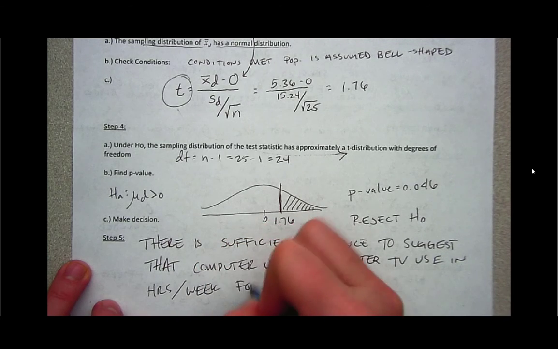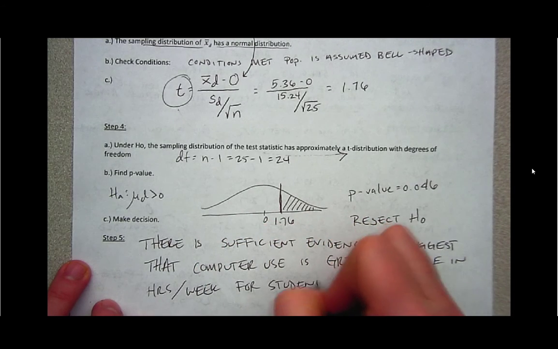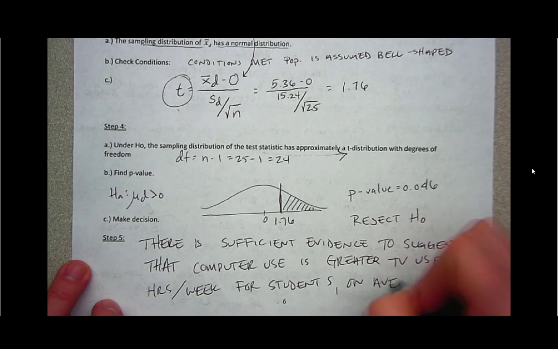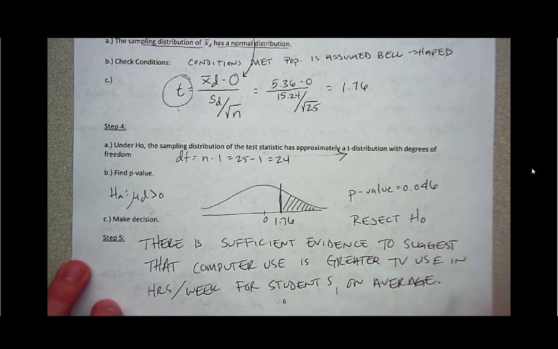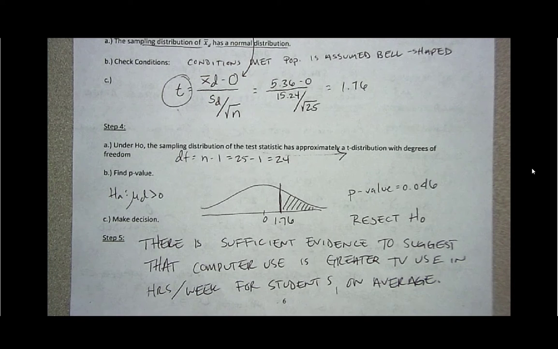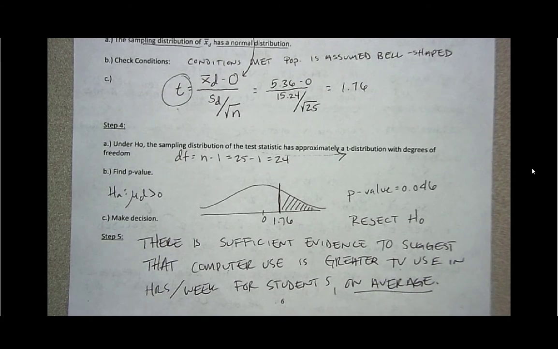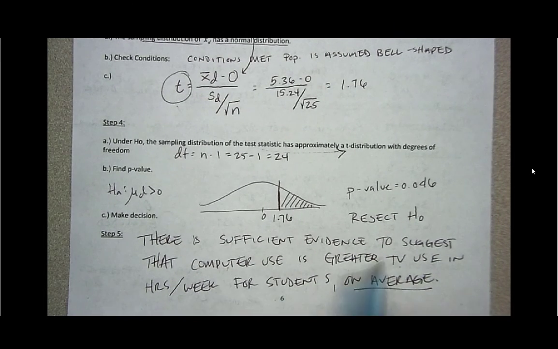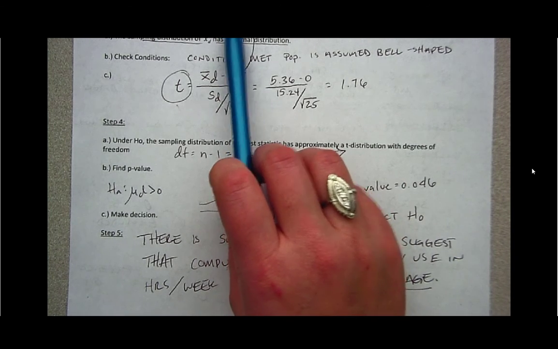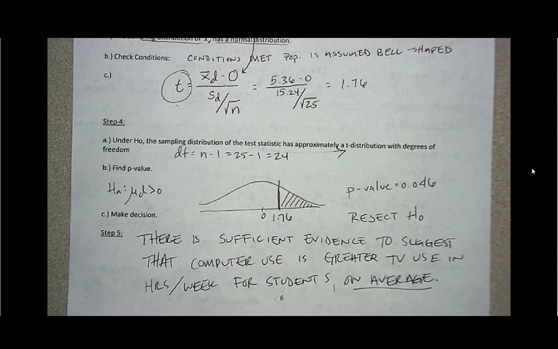So on average deals with the mean part. I have my two variables, so computer and TV. I have my population. And then because I'm directly comparing the two, I don't need to use how the two compare to 0 or how their differences compare to 0. So when you do these conclusions, you still have sufficient based on your decision to reject, or insufficient had you failed to reject.